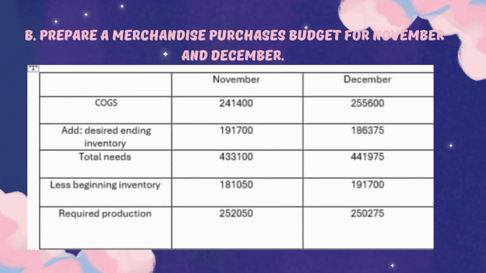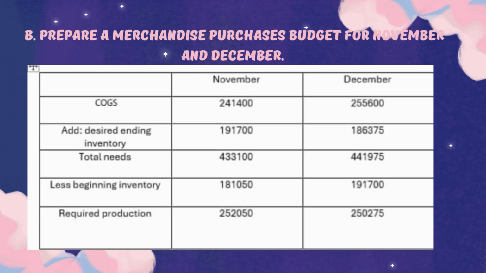Next, for question B, prepare a merchandise purchase budget for November and December. Firstly, for November, we have to find the cost of goods sold. The question said that the cost of goods sold is 71% of sale. So, after we calculate it, we get the answer of cost of goods sold, which is 241,400, and for December we get it 255,600.